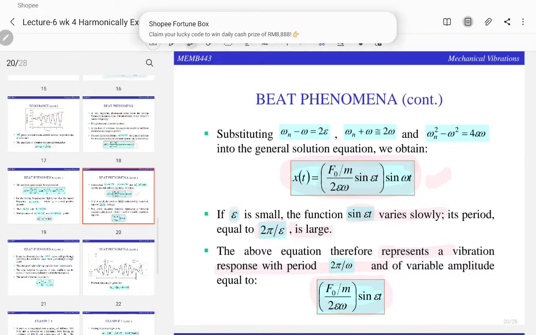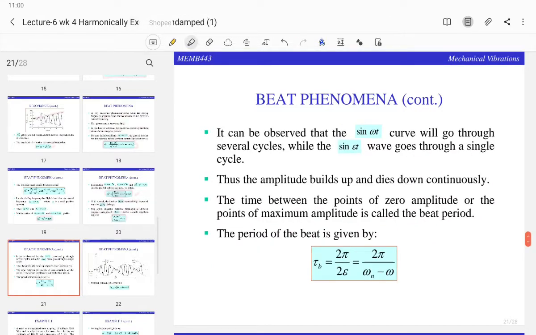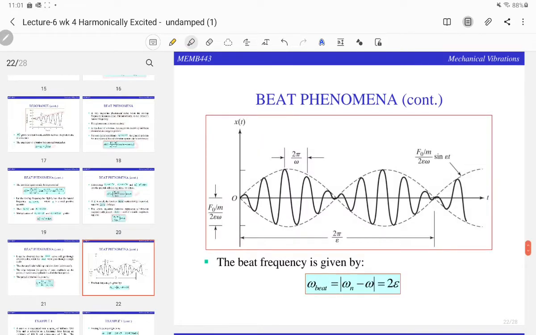That's what it says because it has a double sine there. From this, you can also get the period of the beat, where it is actually 2 pi divided by the difference of omega n and omega. So this is what it means by the beat phenomena.